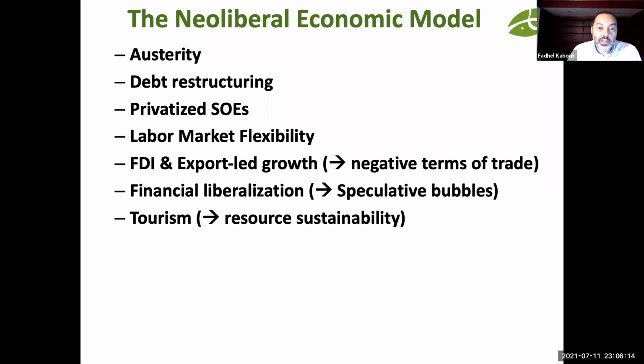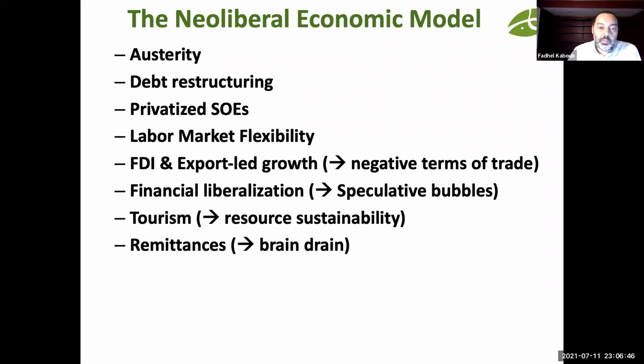And especially since most developing countries are competing with other developing countries in tourism, it's a constant race to the bottom with government subsidizing the travel and hotel industry with fuel subsidies, food subsidies, and so on. Now, that is not to say that we should end all tourism, but the type of tourism that we're talking about here is economically unsustainable, ecologically unsustainable, and I'll come back to this later.